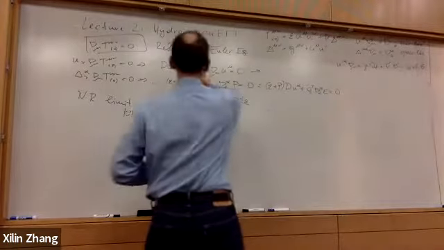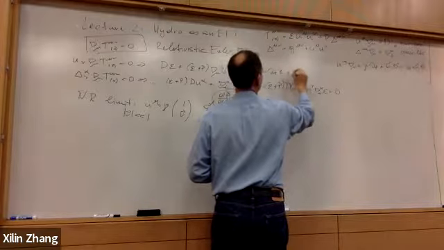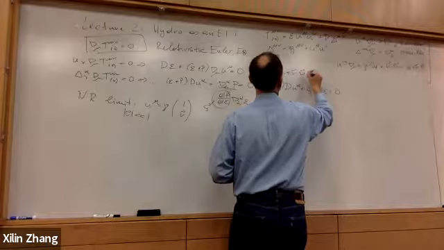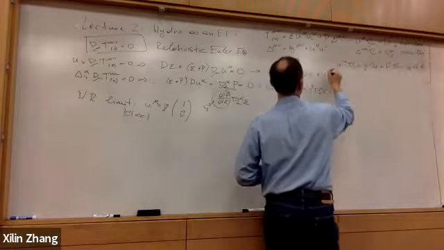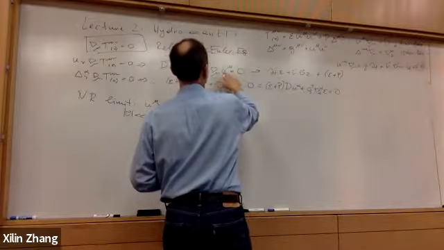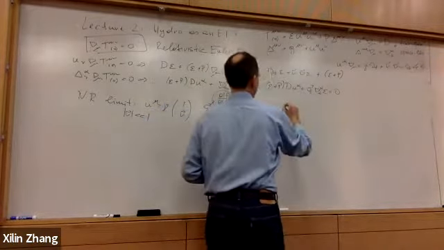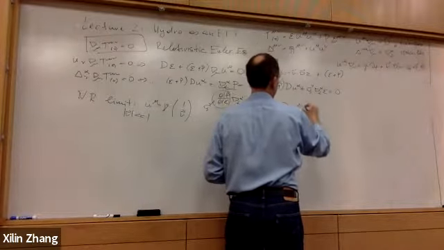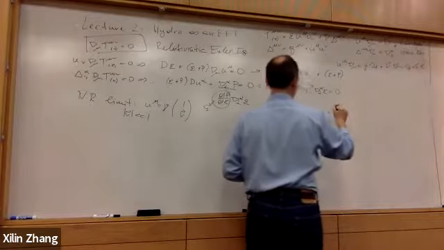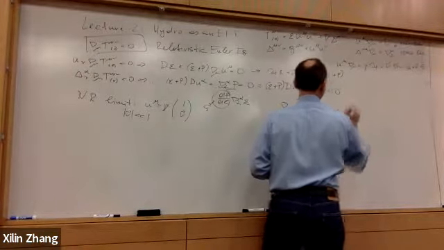Then this equation here becomes something like dt epsilon plus v dot grad epsilon, plus epsilon plus p, times the derivative of u. That is the same as dt gamma plus gradient of velocity.